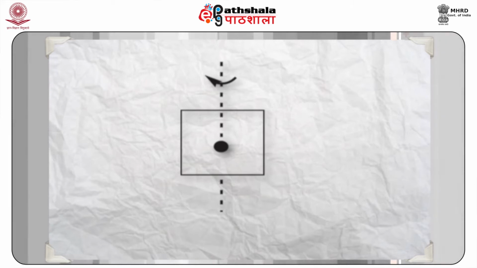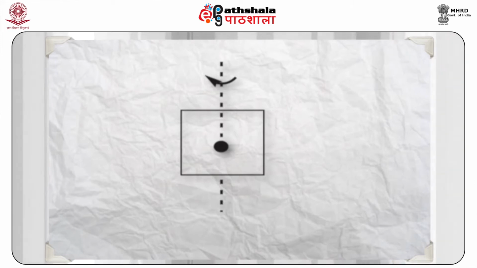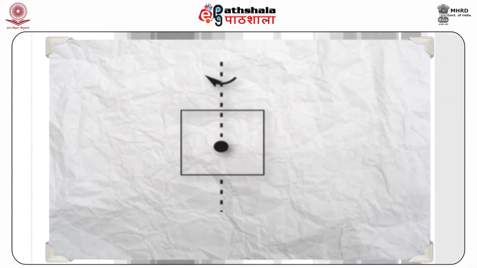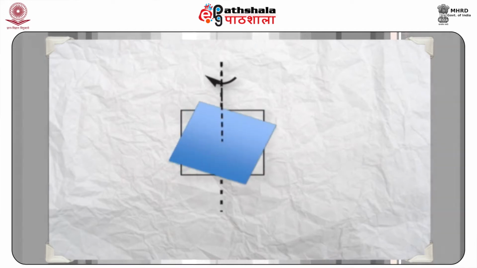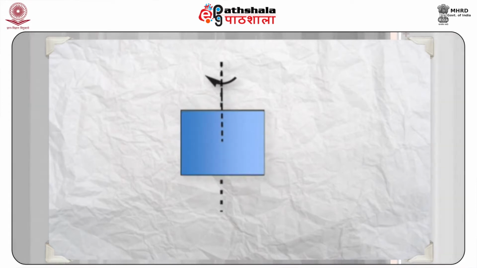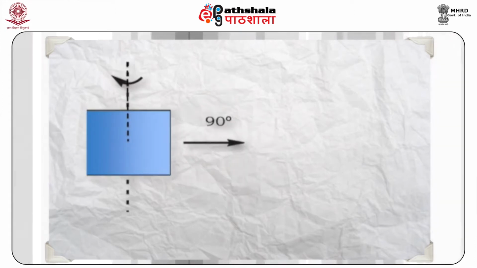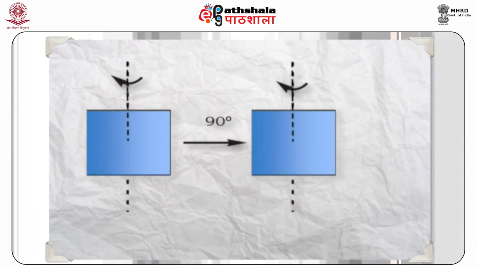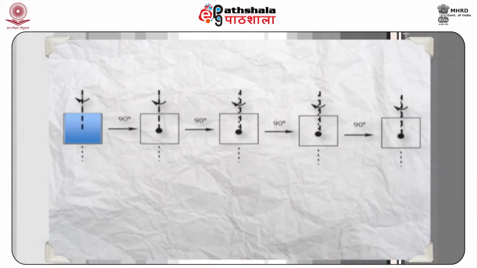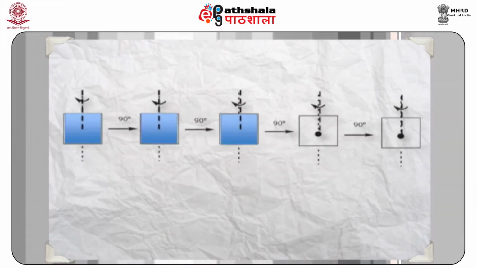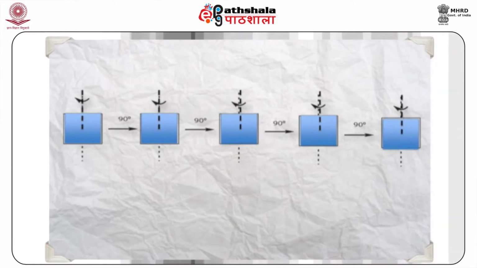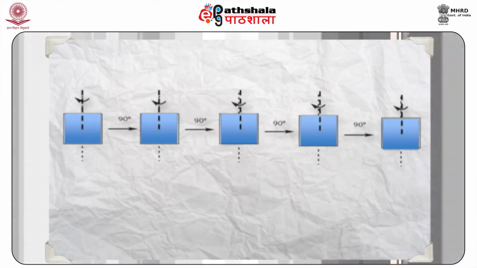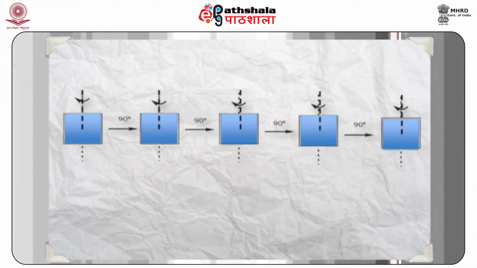Let us take an unlabeled square piece of card and rotate this by 90 degrees. As can be seen, we will get back the same figure. More successive rotations by 90 degrees each time give rise to 180, 270 and 360 degree rotations about the dotted line perpendicular to the plane of the paper.